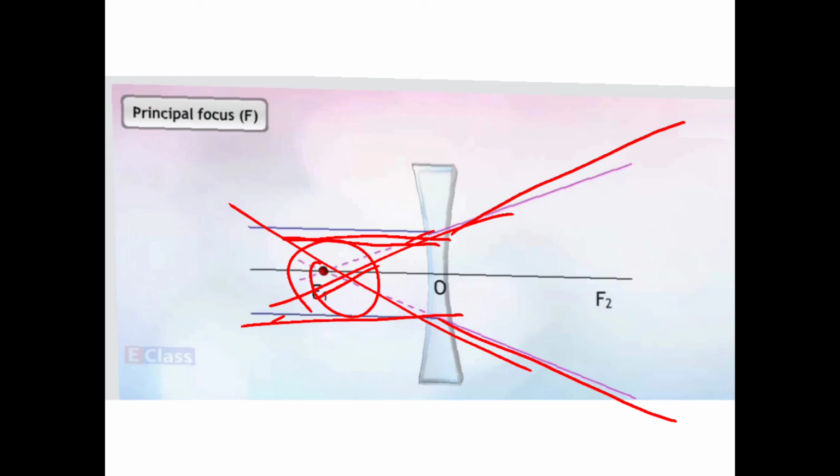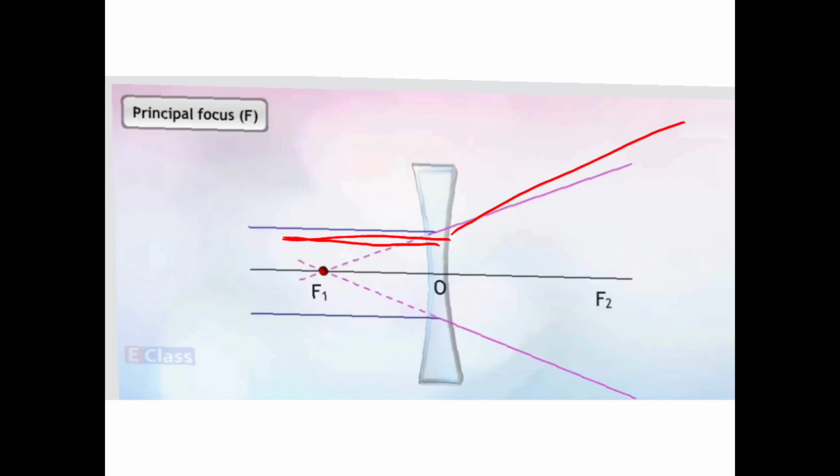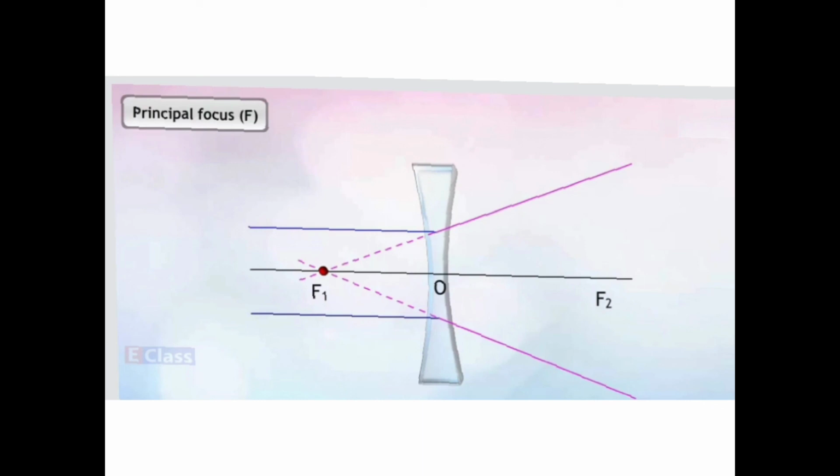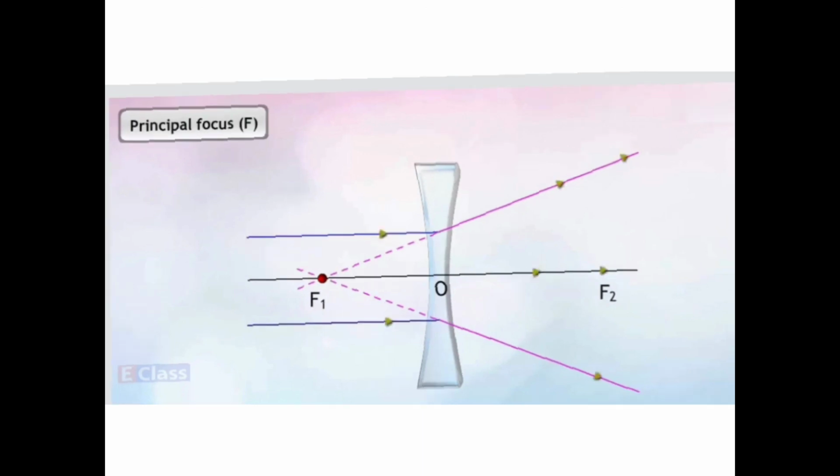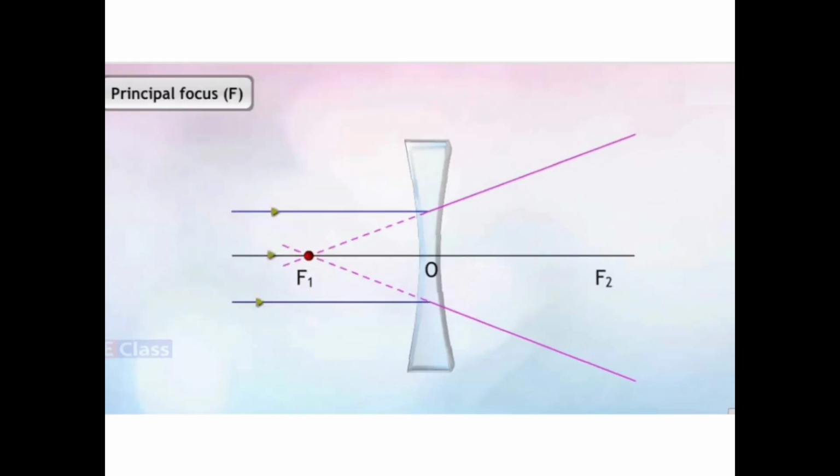Right? So here you have to extend in the backward direction, so you feel that the light is coming from that point only. So this is the diverging lens. This was the converging lens. Right?